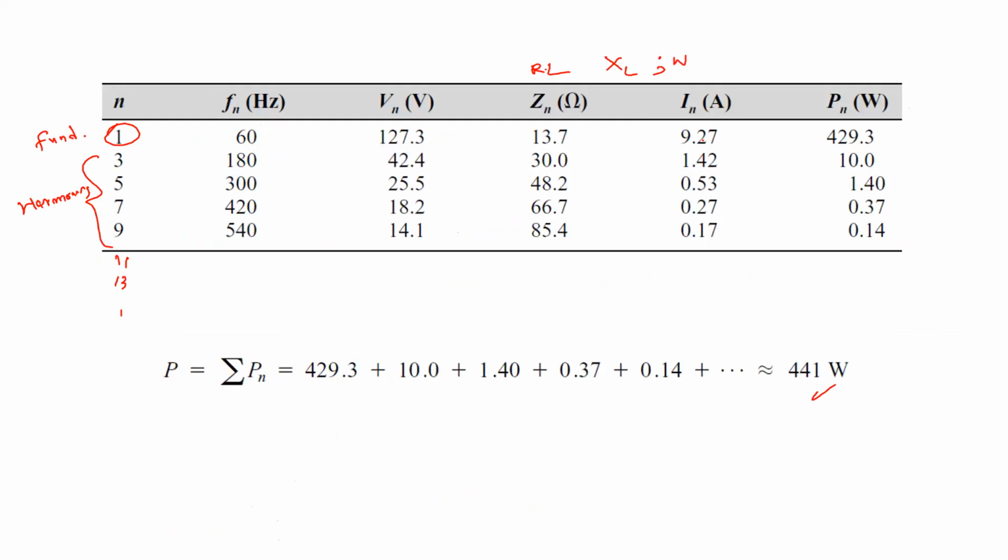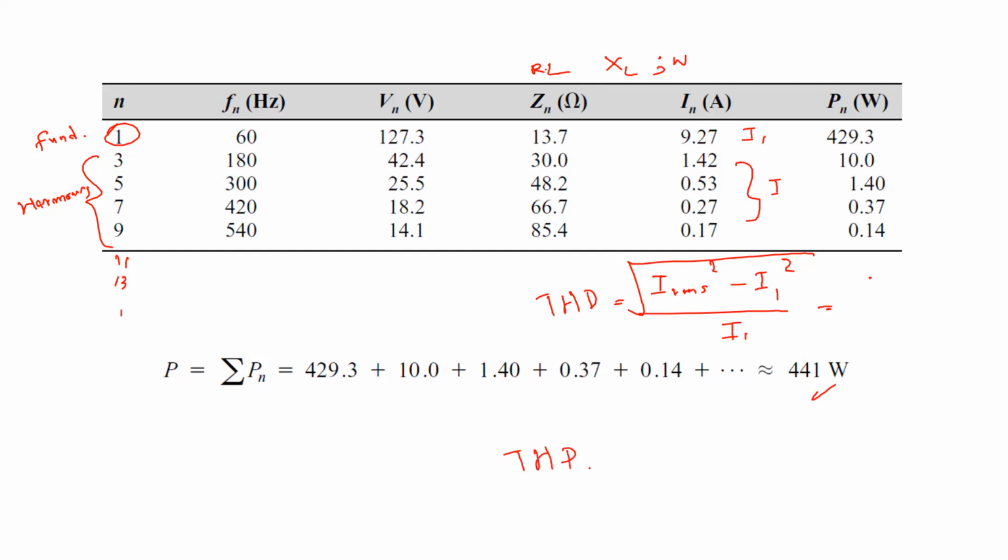If IRMS is given, you can easily get square root of IRMS squared minus I1 squared, over I1. If THDI is not given, you have I1 here and these other components, and you just approximate: square root of I3 square plus I5 square plus I7 square plus I9 square over I1.